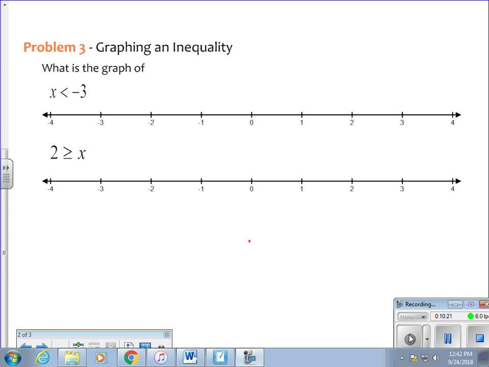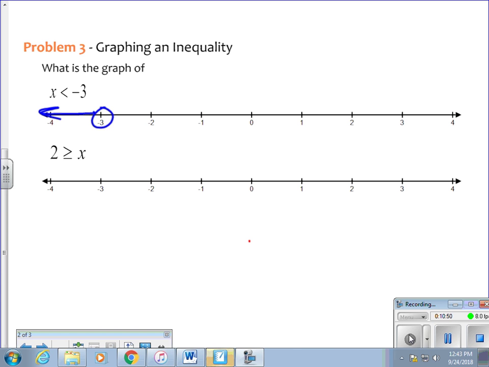My important number is -3. So I put a circle on -3. That's the first thing I do: find my important number. It's -3, so I have an open circle because it's not "or equal to." Then I decide, are all my values smaller or larger? Do I want x to be smaller than -3 or larger than -3? In this case, x is less than -3, so I want everything going this way.